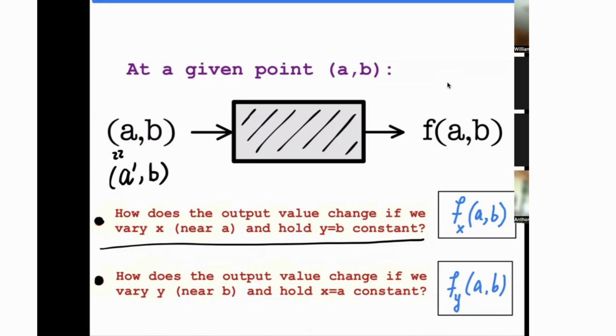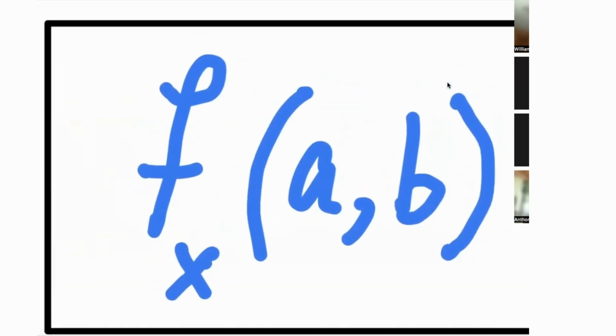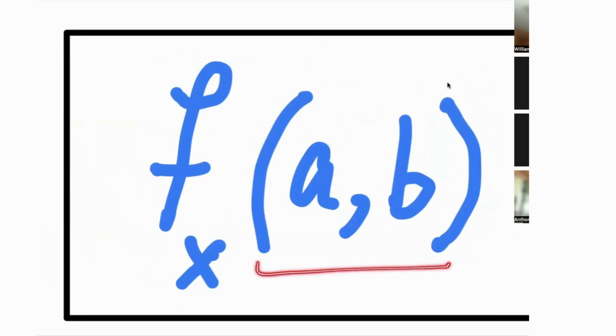So I guess what we're doing here is comparing the old value f of AB to this new point f of A prime B. So notice that B stayed fixed. All we did was change A to A prime, and then the relative change in the function is measured by this partial derivative f sub x. Now this AB, in this notation for the partial derivative, represents the point that we're thinking about.